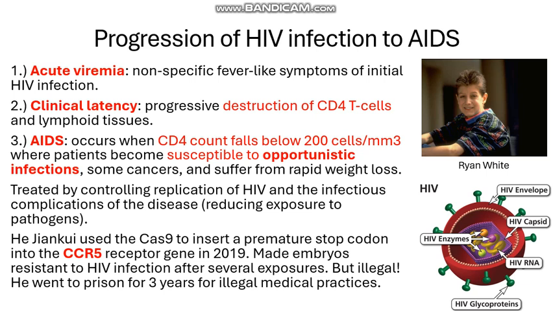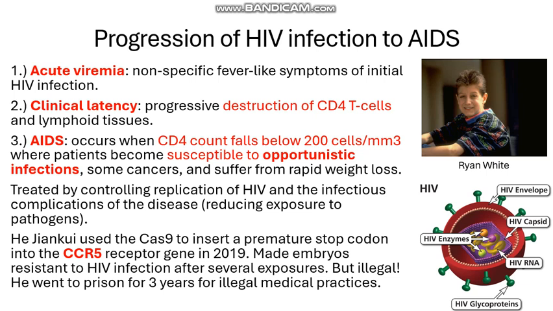So there are 3 stages to HIV infection. The first is acute viremia, where non-specific fever-like symptoms manifest, which is symptomatic of initial HIV infection. This then progresses to clinical latency, where progressive destruction of CD4 helper T cells and lymphoid tissue slowly degrades the immune system.